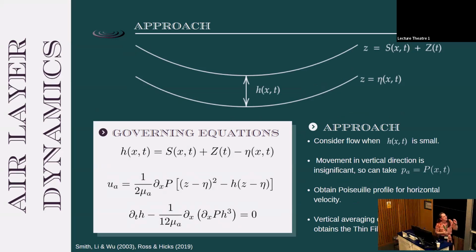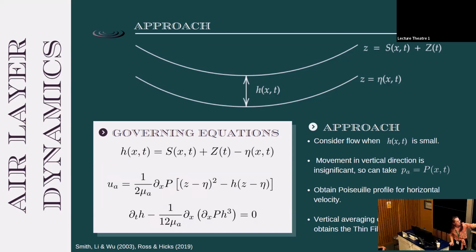Taking the assumption that the height is much thinner than the width, we end up with a channel flow that we can reduce down. And we end up with a Poiseuille profile for the velocity. And we can actually derive the thin film equation for the evolution of the height of the air layer.